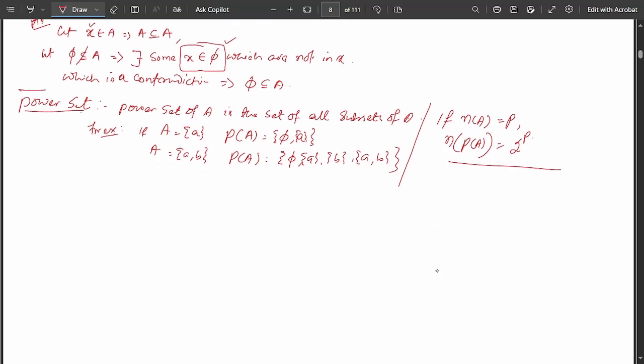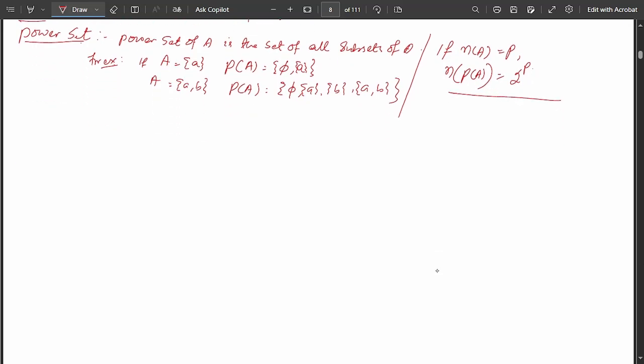Next, we will discuss the operations on sets: union, intersection, and difference. Then we study symmetric difference, then De Morgan's law, and that completes set theory.